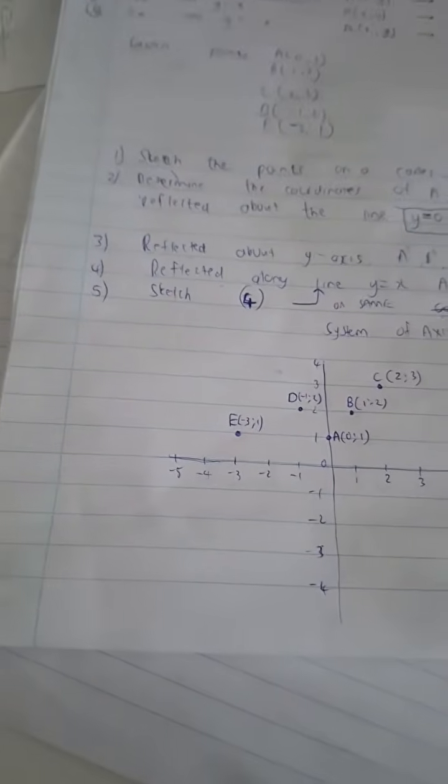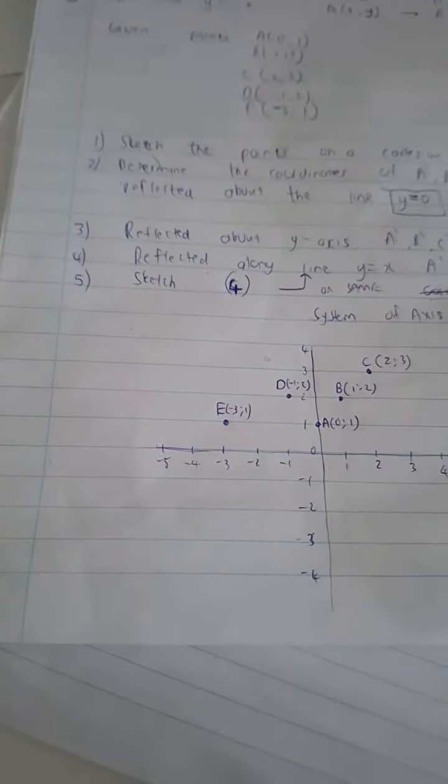They want us to sketch that. I'm sure you guys will be able to see that. If we come here and draw on the same system of axes, then this makes sense.